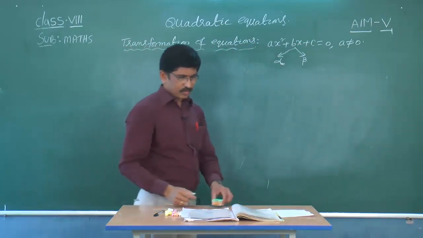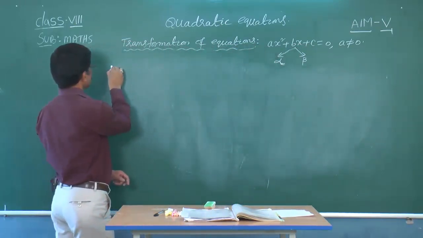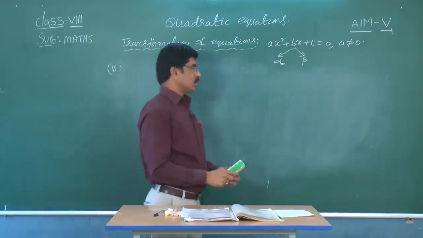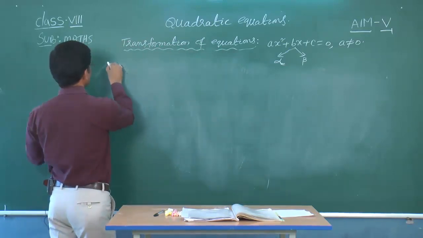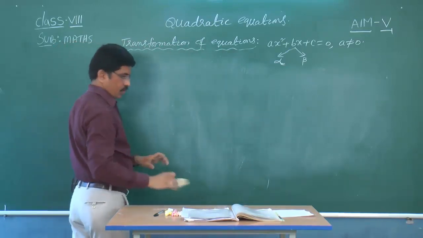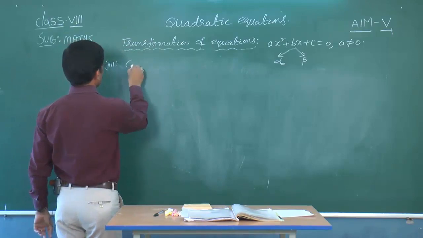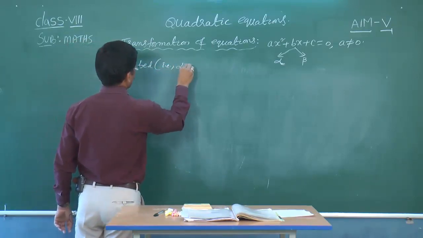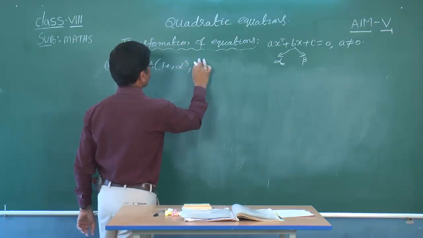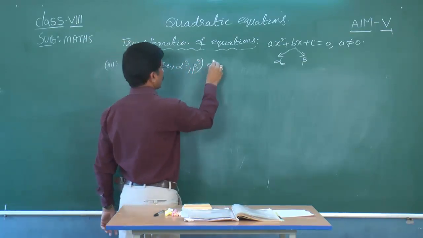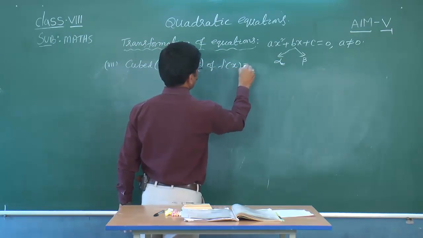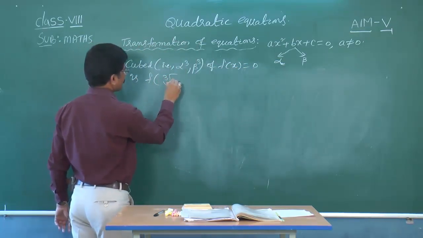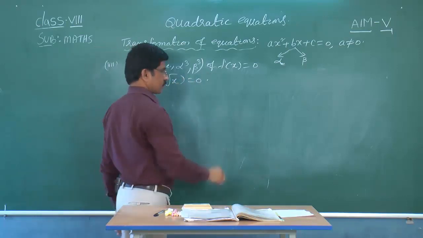The last one: each root cubed. When roots are cubed, alpha cube, beta cube, the equation f of x is equal to 0 becomes f of cube root of x is equal to 0.